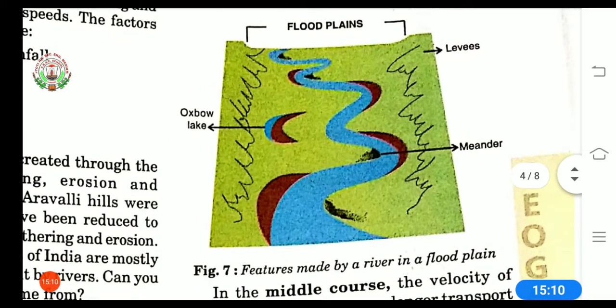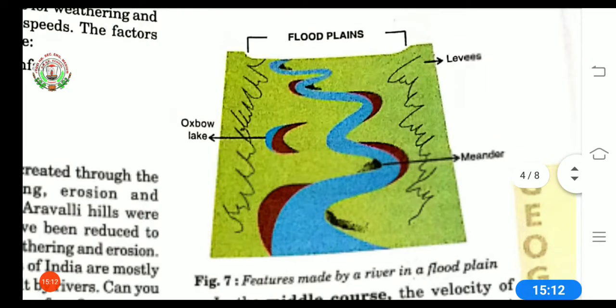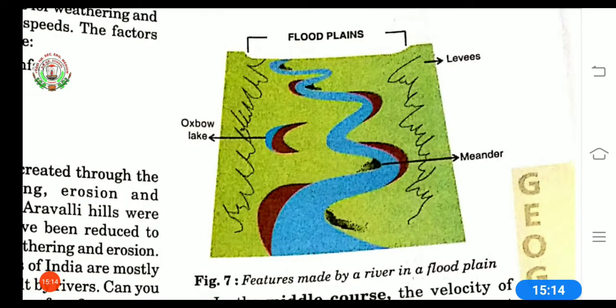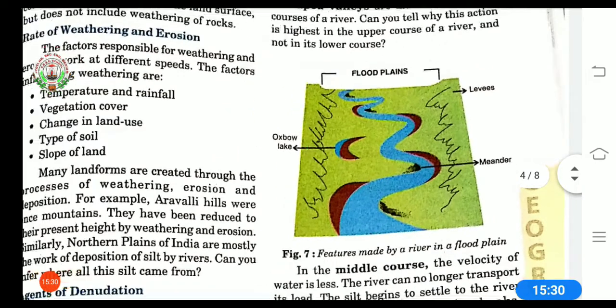One diagram is here, that is features made by a river in a flood plain. We are having flood plains diagram here, leaves, meanders and oxbow lake. These all terms I will define here.